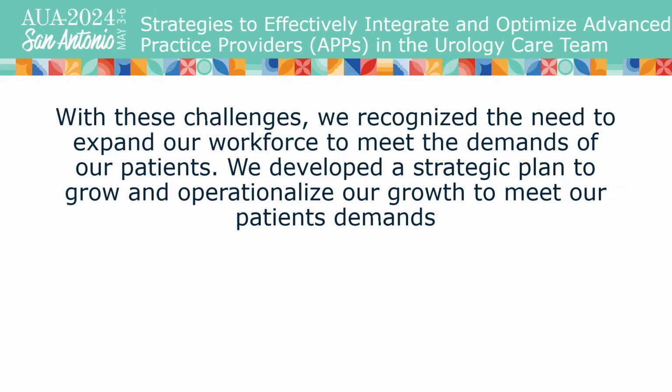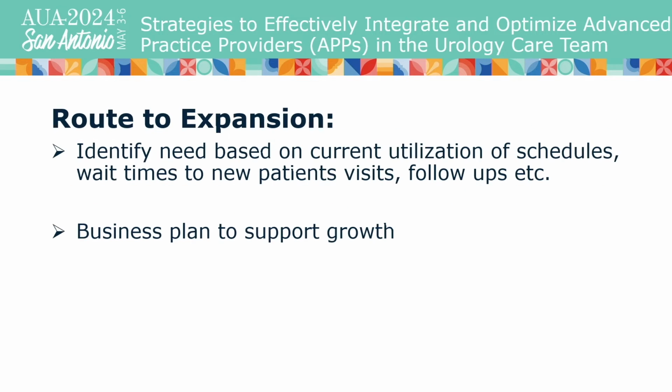So as a department, a few years back, we recognized that we needed to expand our workforce in response to our patient needs. So we came up with a strategic plan to grow and operationalize our growth to meet our patient demands. So how did we do this? Well, first, you can't just go adding providers to the department.